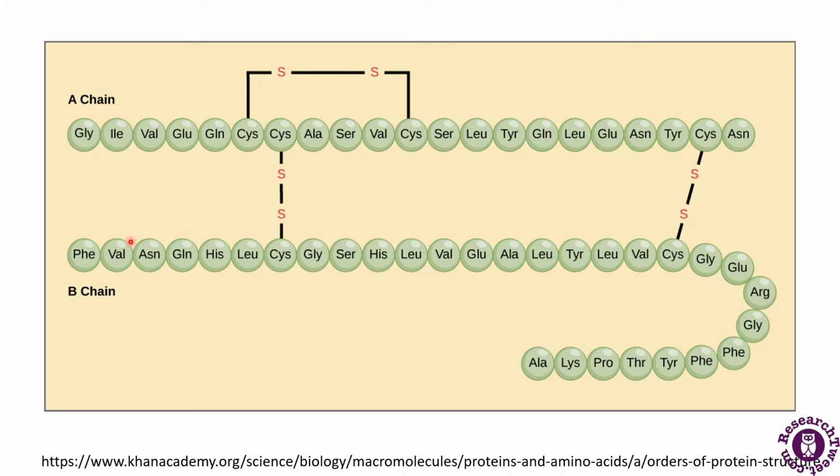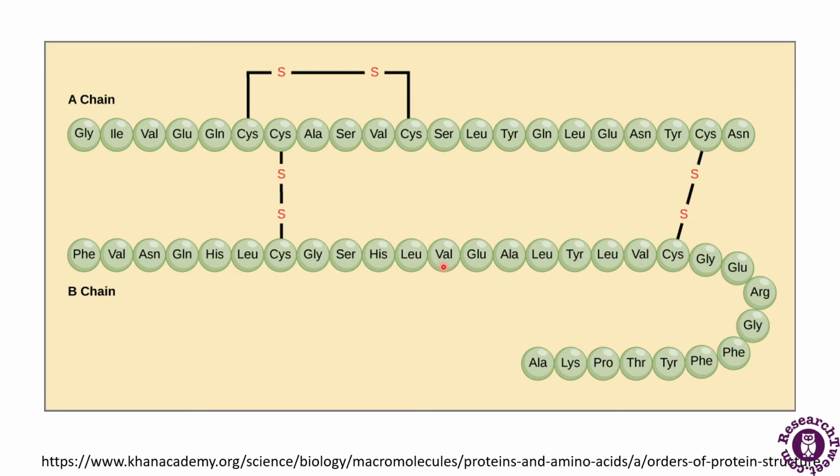For instance, the sequence of the A chain starts with glycine at the N terminus and ends with asparagine at the C terminus. If we see the B chain, it has a very different sequence.